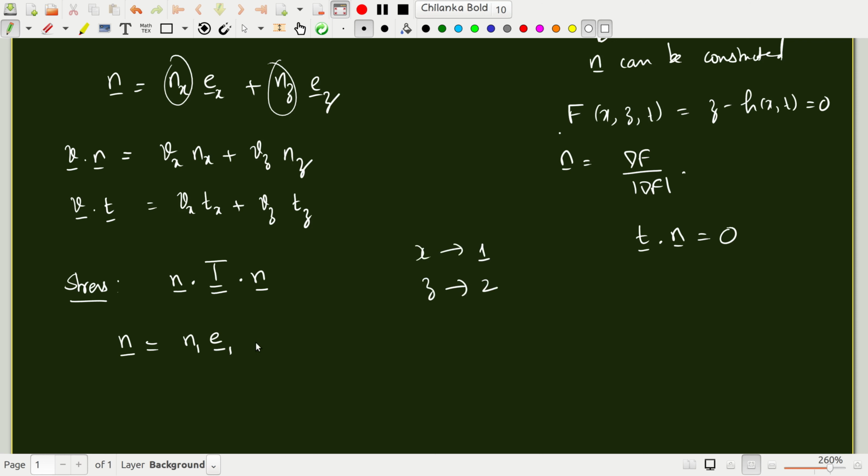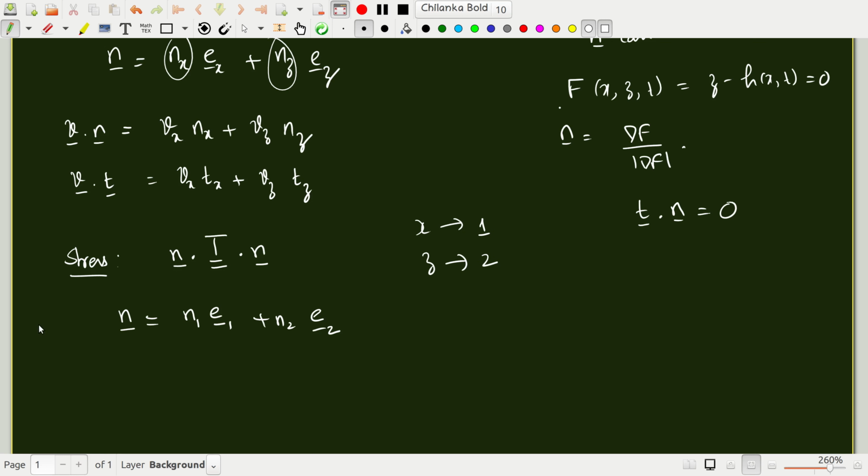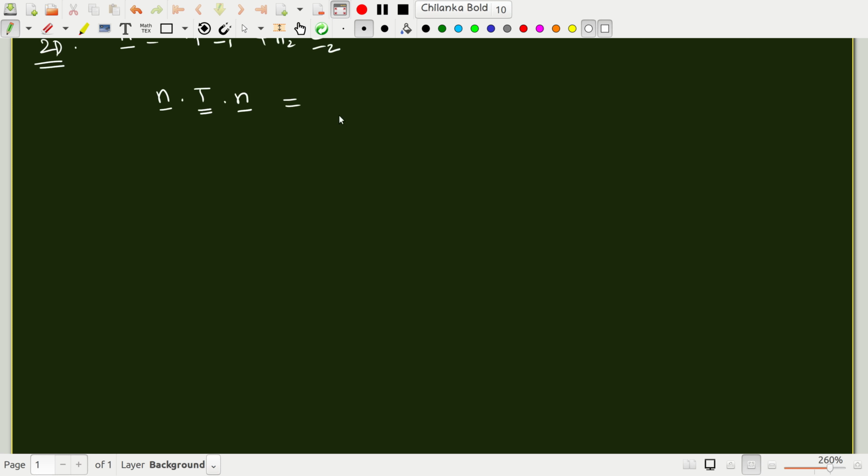So n equals n1 e1 plus n2 e2, the same equation written in terms of 1 and 2. I'm going to assume 2D again for simplicity. So the normal component of the stress is n dot T dot n. In index notation this is nothing but ni Tij nj, where whenever you have a repeated index you have to sum over all the directions.